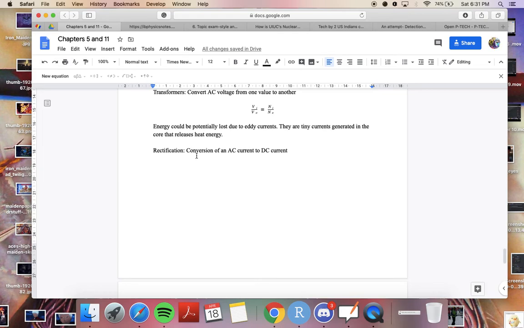So how does a rectifier do this? Well, rectifiers pretty much make use of a series of diodes or semiconductors in order to direct the current in such a way that it's almost always a direct current at the appliance.